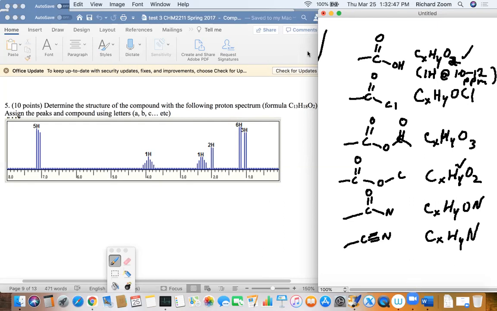So the relationship between the functional groups and the molecular formula: 5, 4, 3, 2, 1, 0.